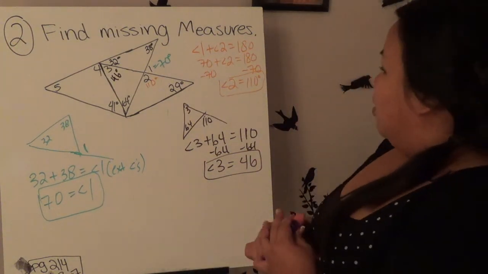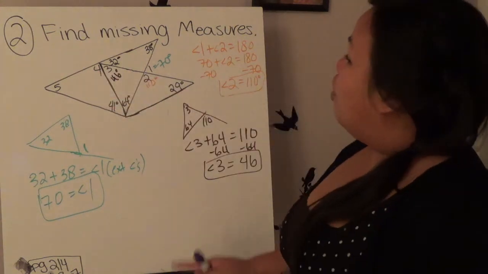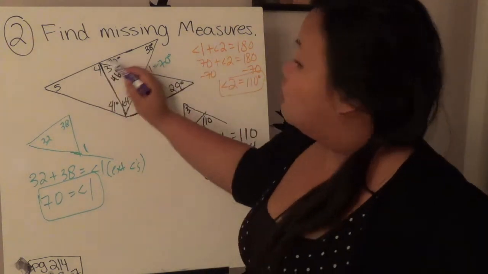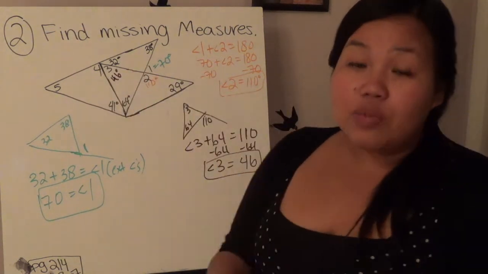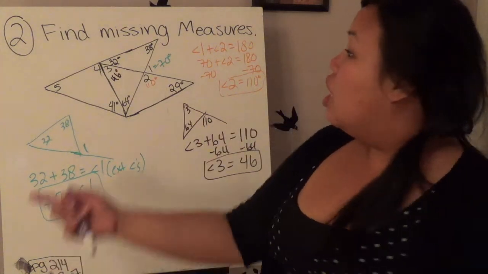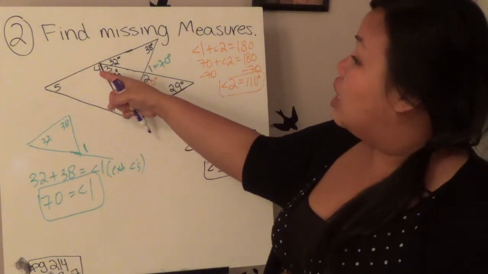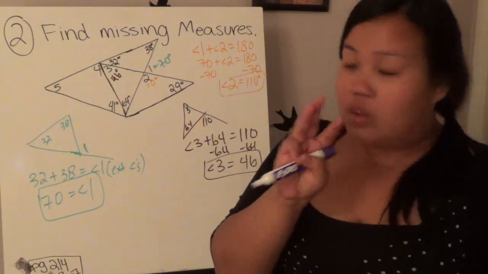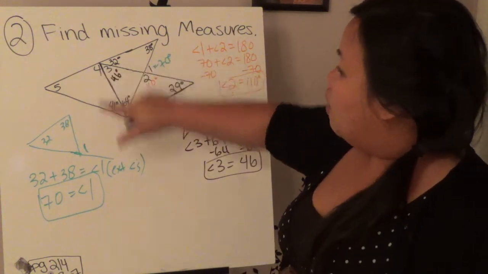Our next one here is now relating to number 4. Now I know that this is a what? A straight line. Do you see that anything with a straight line adds up to 180 degrees? The only thing here to see is that this straight line consists of 3 different angles: 32, 3, and 4.